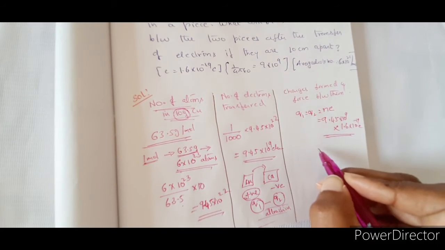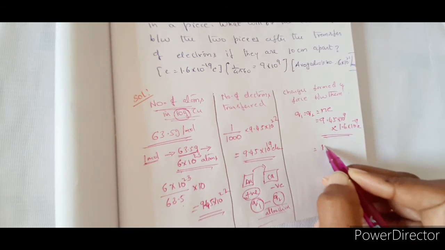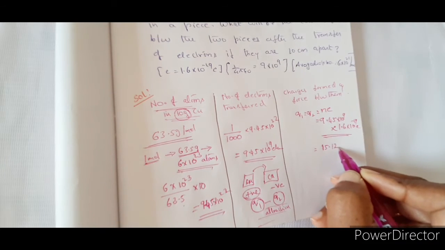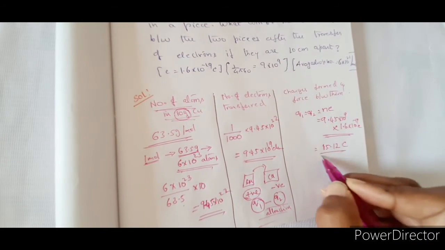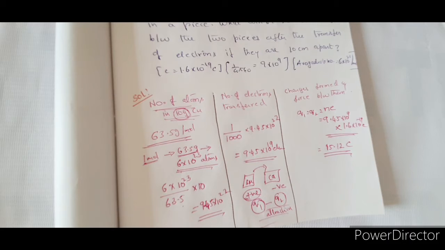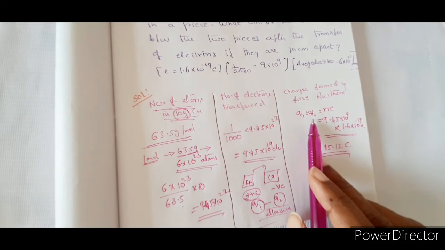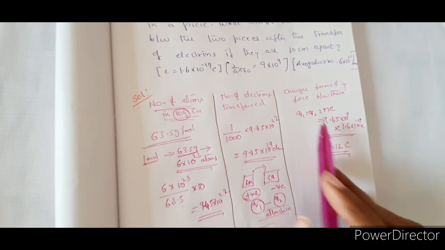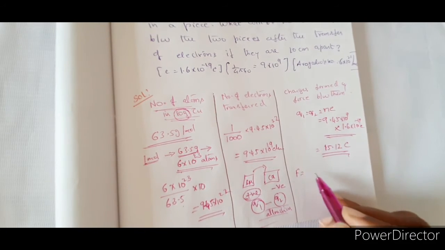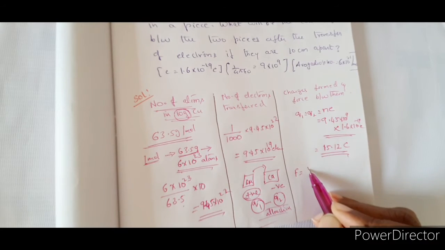When you solve this, you will get 15.12 coulombs. Or rather, we say this much charge is now formed on both the pieces with opposite signs. Therefore the force is equal to 1 by 4 pi epsilon naught.